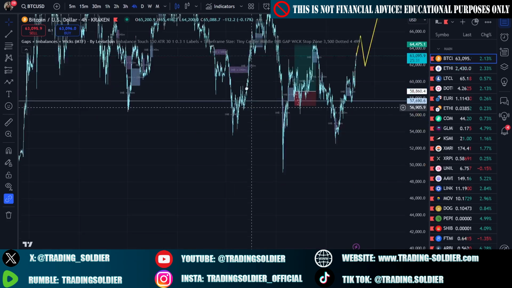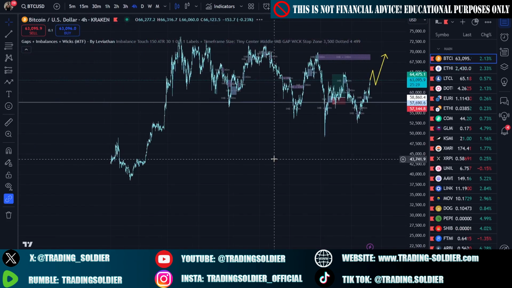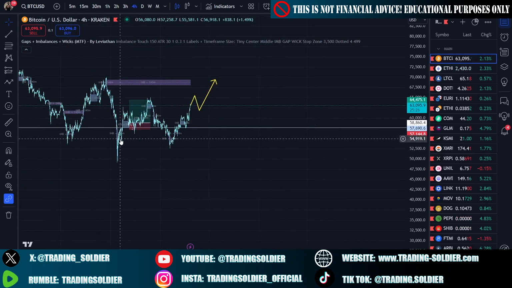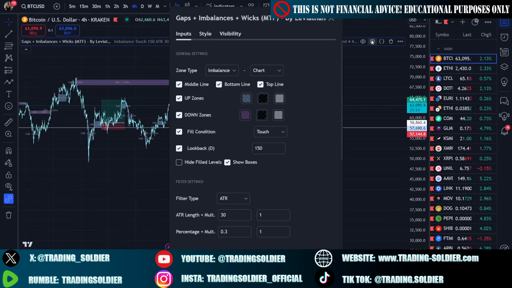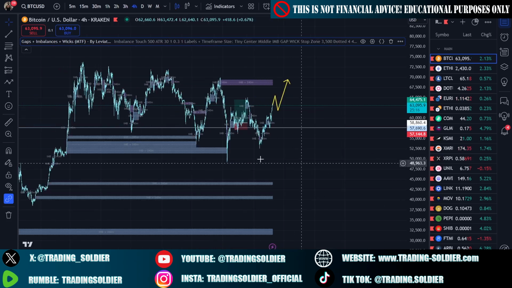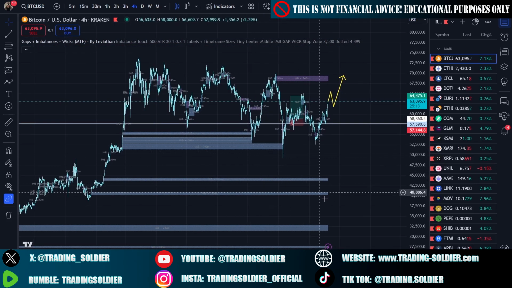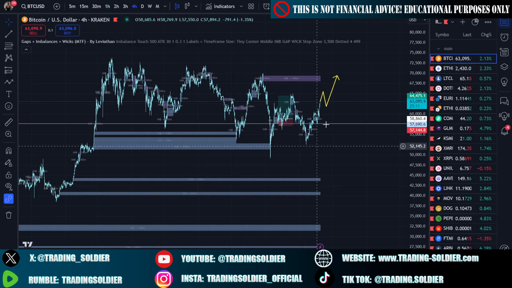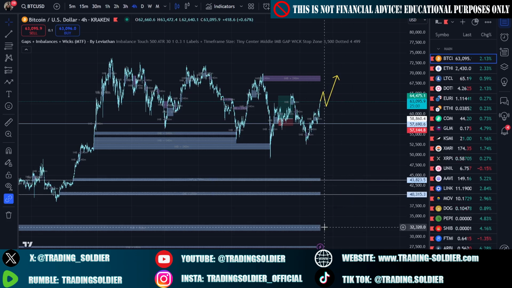Also, if we can find some bullish imbalance here, I don't know, because the look back period of the indicator is just 150 candles. But if we switch this to, for example, 500, you can see here some bullish imbalances. So for example, if the price retraces, the first areas that we are going to revisit will be 43k, 40k, and 32k.